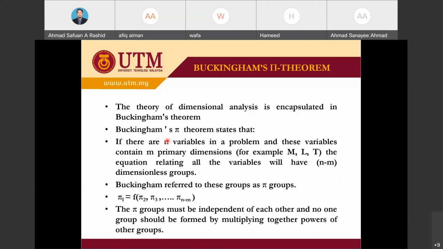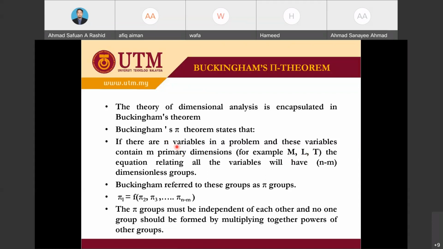Once we have counted, the next task is to determine the number of primary dimensions. So let's say we are using MLT, for every variable we need to determine how many primary dimensions are included in each variable.